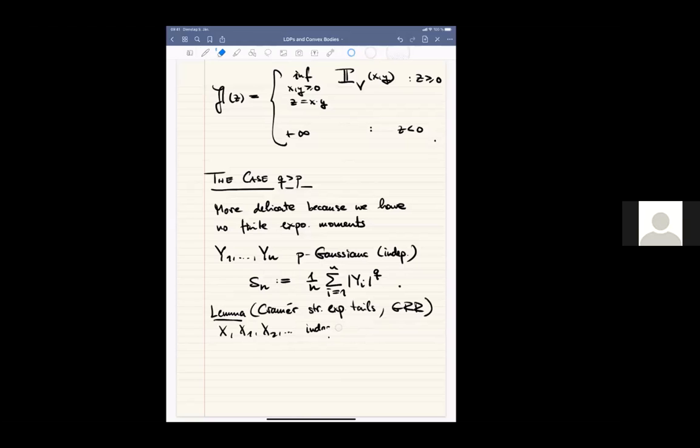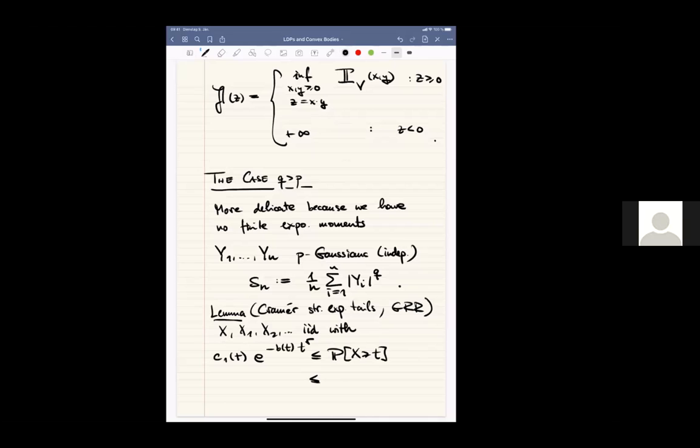Well, they're IID, with the following tail behavior. So we have stretched exponential tails. C1 of t, e to the minus b of t, t to the r, is essentially the tail of x.